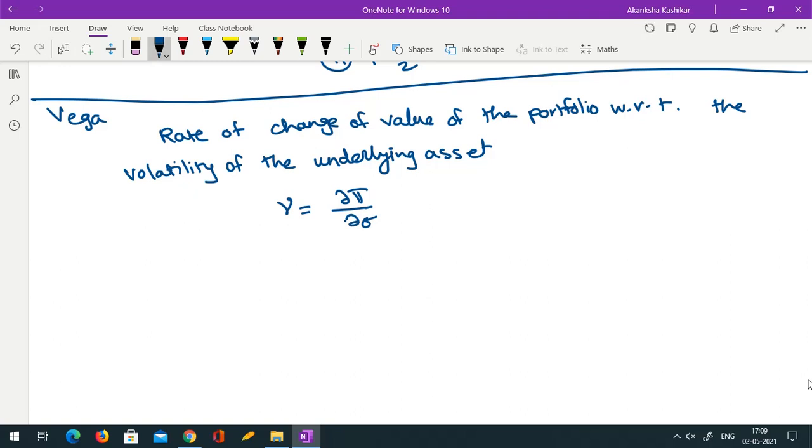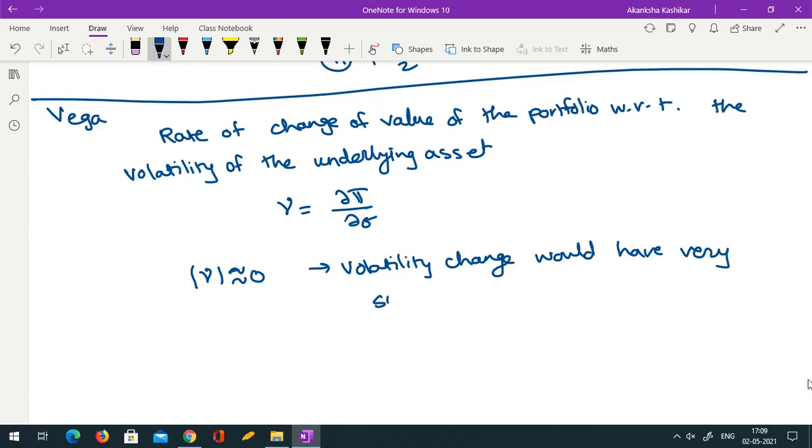If the mod of nu is near 0, meaning it's very small, then volatility change would have very small impact on the portfolio worth.